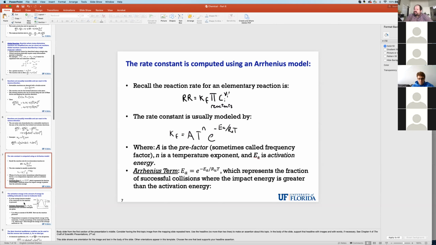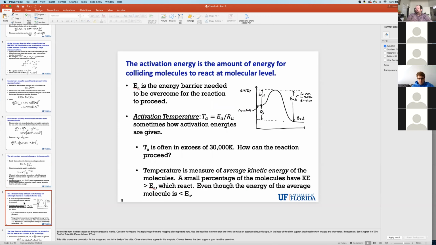So now for the activation energy, because I talked about that and that's important here, the activation energy is the amount of energy needed for the colliding molecules to react, again at the molecular level. So you could imagine we have some reaction coordinate here on the x-axis, and here we have a pair of molecules in the reactant state, and we have the molecules on this side in the reactant state.